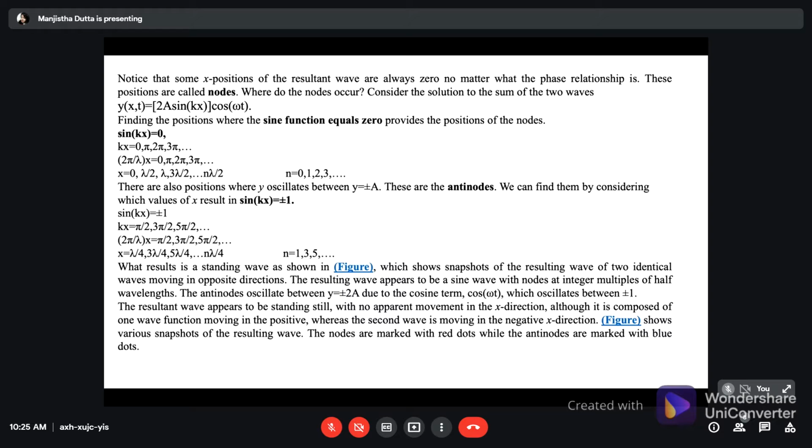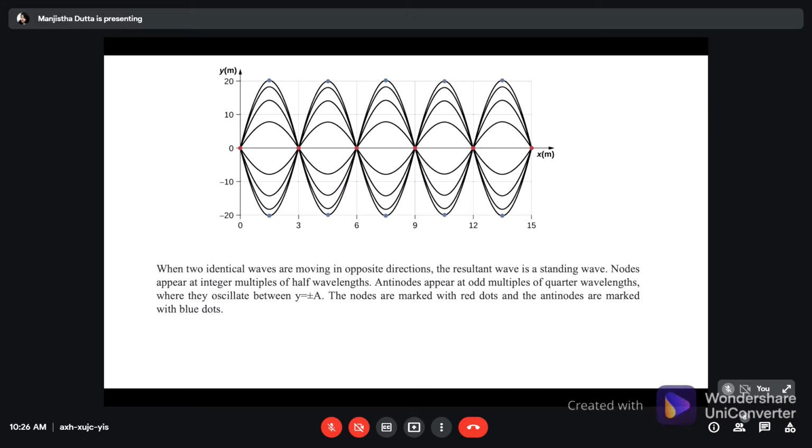So we are not going to discuss this slide anymore. This is how a standing wave looks. The red dots represent the nodes, zero displacement, and the blue dots the antinodes.